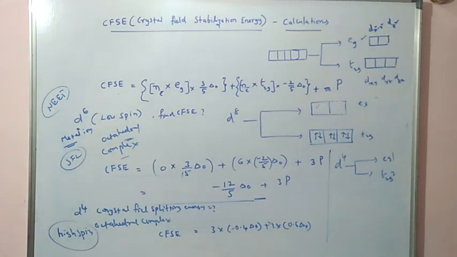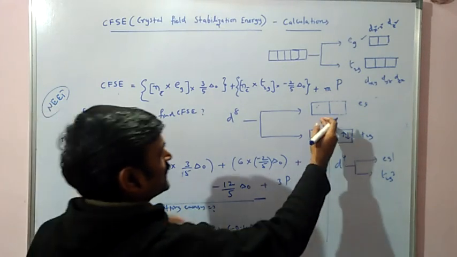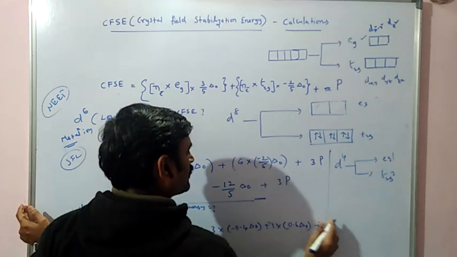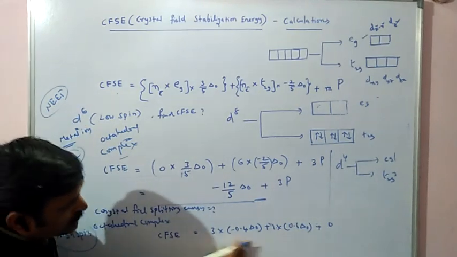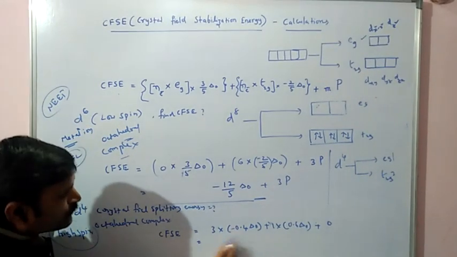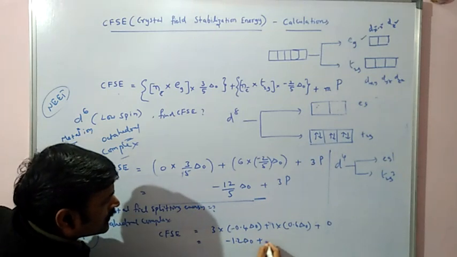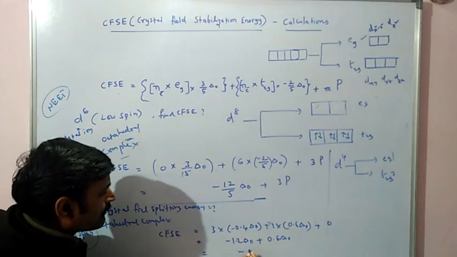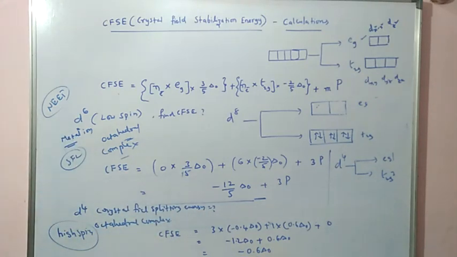And the other thing, if they tell the pairing energy also, the number of electron pairs is 0, so it will be 0 into P, which is 0 only. So short calculation: 3 into 0.4 is minus 1.2 delta naught plus 0.6 delta naught. So the answer is minus 0.6 delta naught for that question.